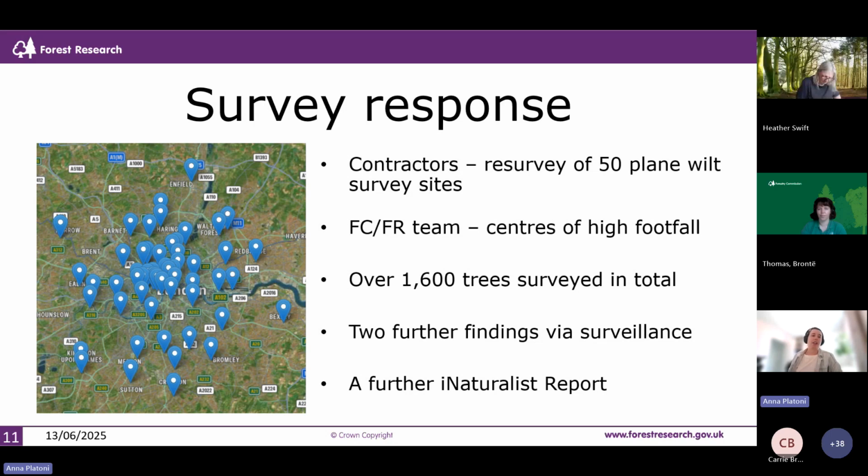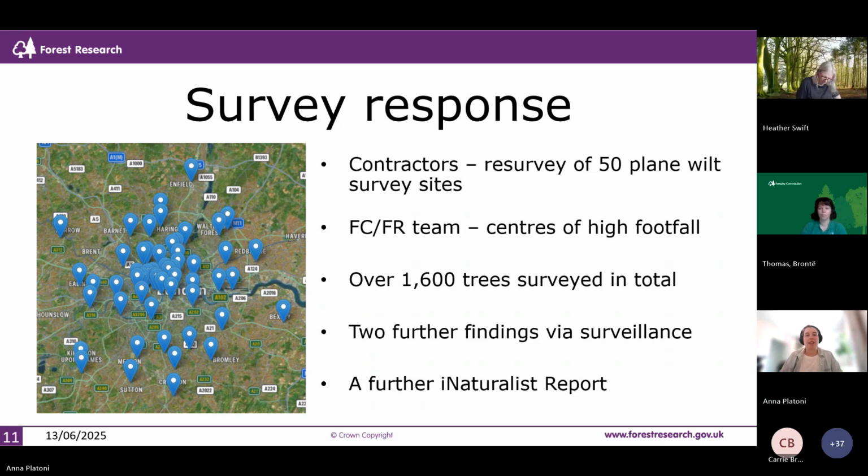This was August by the time the surveys were kicking off in earnest, so we were fighting against the onset of autumn. Over the next couple of months, over 1,600 trees in the genus Platanus were surveyed, the great majority of them London plane, mainly because that's the main plane you find in London.